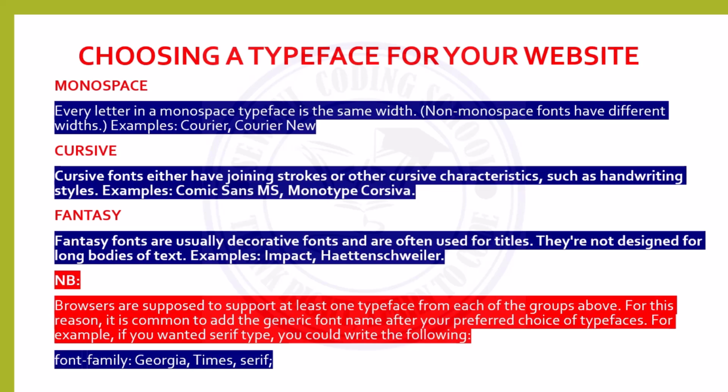You should get a fantasy, a cursive, a monospace, a sans serif, and a serif. When you pick one or two from each group, it is likely that the device reading it might have at least one or two of them. So when specifying it, this is what to write. For the property, it is font-family, and you write Georgia, Times, and serif.